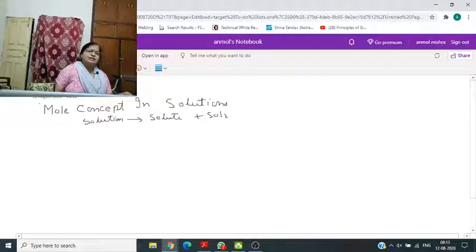Solute is in the smaller amount and solvent is in the larger amount.